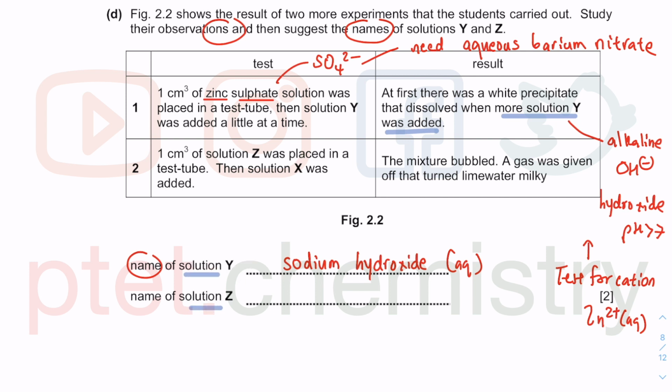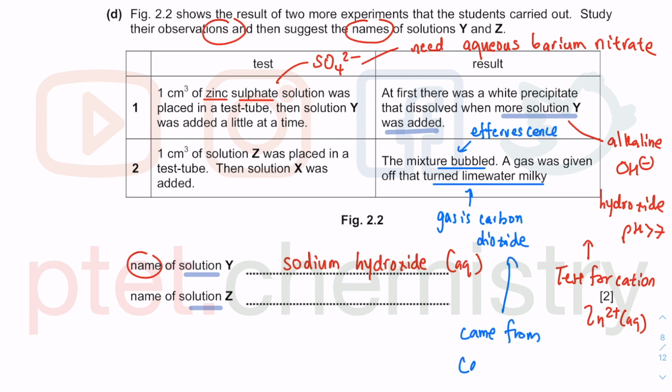This next one, we have bubbles. If you have bubbles, that means there is effervescence. From the table, this gas turns lime water milky. The gas is carbon dioxide. If the gas is carbon dioxide, it came from carbonate. If you look at the test for anion, something reacts with carbonate to give you carbon dioxide.